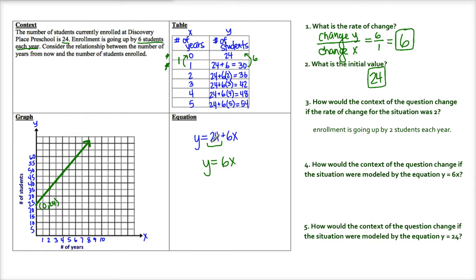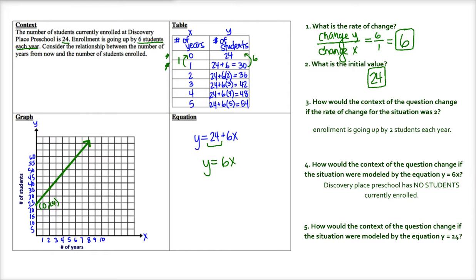So what does the 24 represent? 24 was the initial value, or how many students they started with. So if we got rid of the 24, that means the context would say something like, Discovery Place Preschool has no students currently enrolled. So instead of having 24 students enrolled, we have no students currently enrolled.